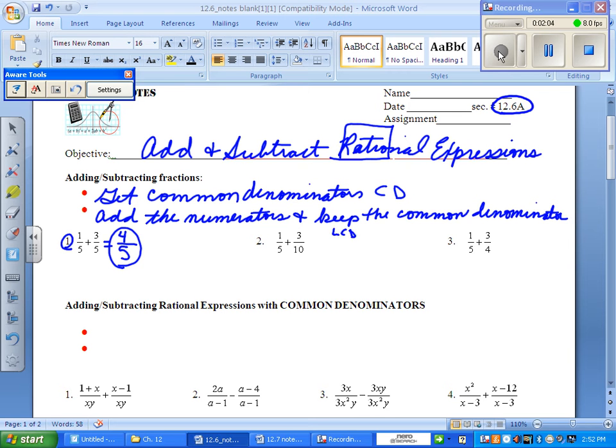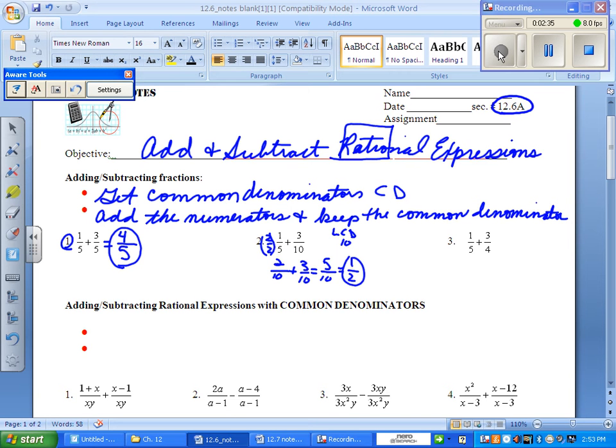What you look for is the least common denominator. The smallest number that they'll both multiply into will end up being 10. So this first fraction needs to be multiplied by 2 over 2. Second fraction does not have to be multiplied by anything because the denominator is already 10. So the new numerator in the first fraction is 2, and then it's over 10 plus 3 over 10. Add your numerators is 5 over 10, and then reduce all the time, 1/2.